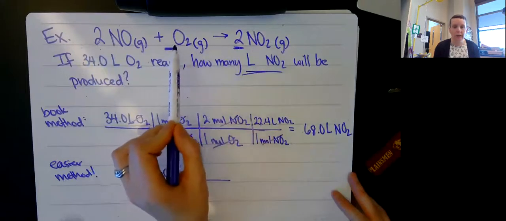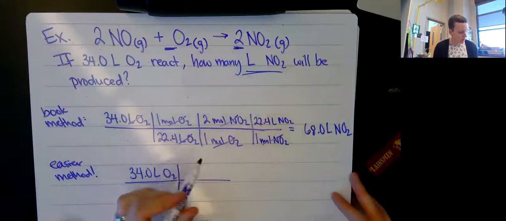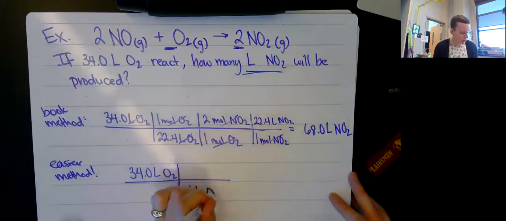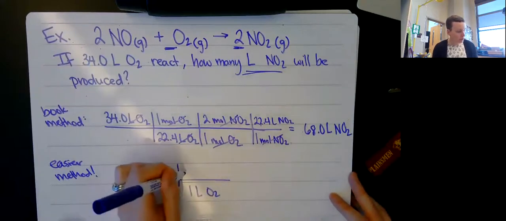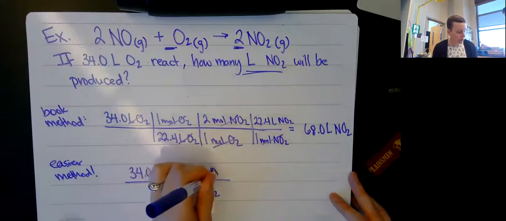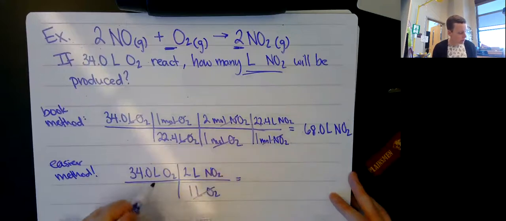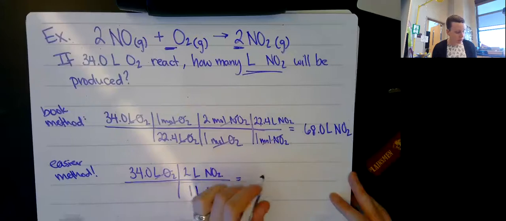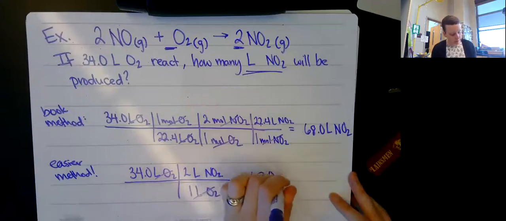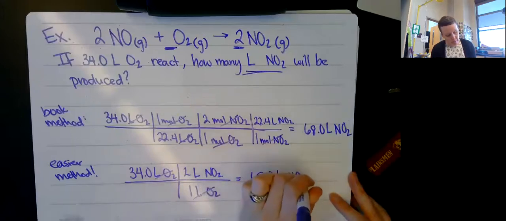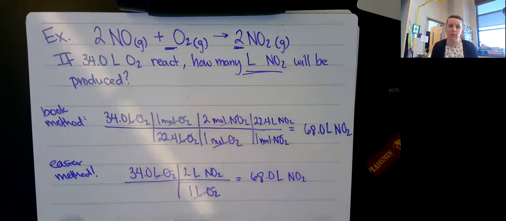So 1 liter for every 2 liters. That's way simpler. 1 liter of oxygen will react to form 2 liters of NO2. 34 times 2 is 68. Done. 1 step instead of 3. I think most people will find that that's a lot easier and a little bit less annoying than canceling things that are constant ratios.